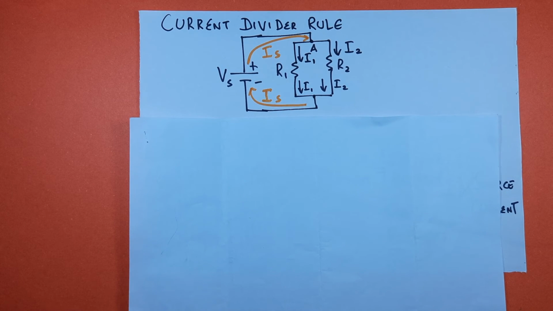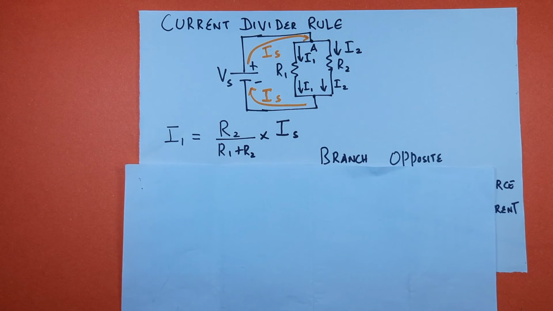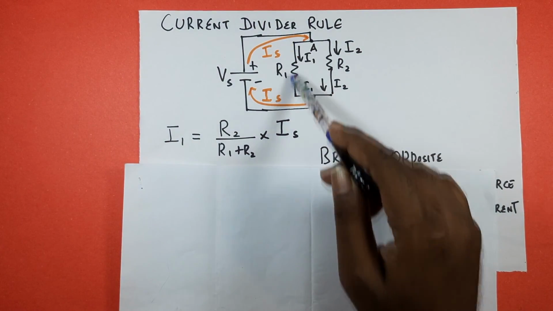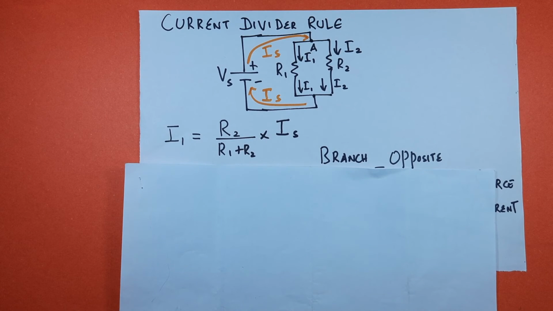Suppose, for example, I want to find out the current flowing through R1, which is I1. So the branch current I1 equals R2 divided by R1 plus R2, multiplied by Is. So what is this formula to remember?